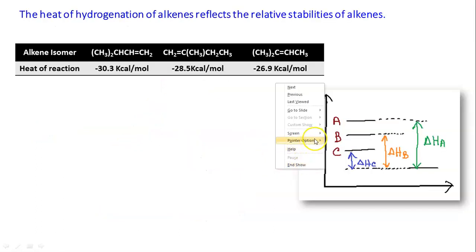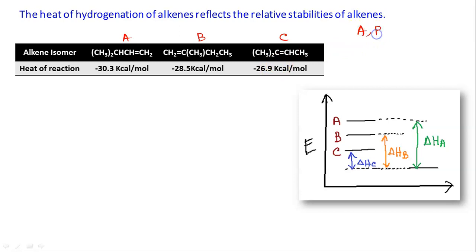Here we have 3 compounds. Suppose this is A, this is B, and this is C. Now if you look at these 3 molecules, they are actually isomers. After hydrogenation in the presence of a catalyst, whether you have taken A or B or C, there will be a common product, which is 2-methylbutane.